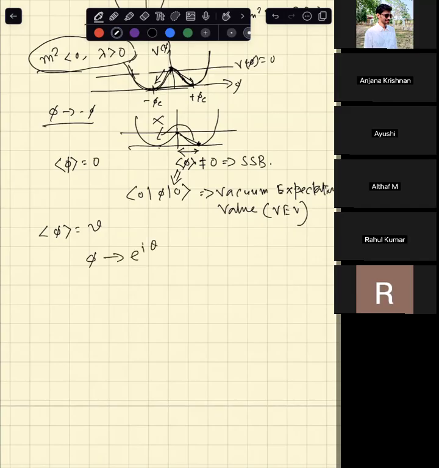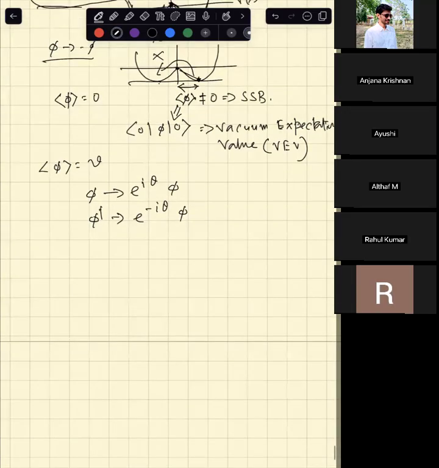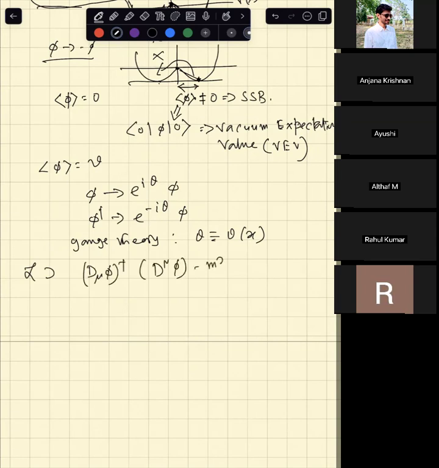So e to the power i theta phi is the transformation, and phi dagger transforms to e to the power minus i theta phi dagger. But to make it a gauge theory, we have to make theta a function of spacetime. Then your Lagrangian is d mu phi dagger d mu phi minus m square phi dagger phi minus lambda times phi dagger phi whole square, with m square less than 0 and lambda greater than 0. This is the choice.